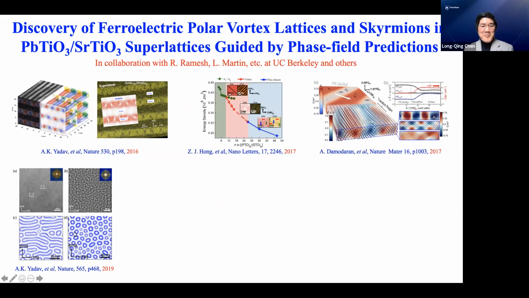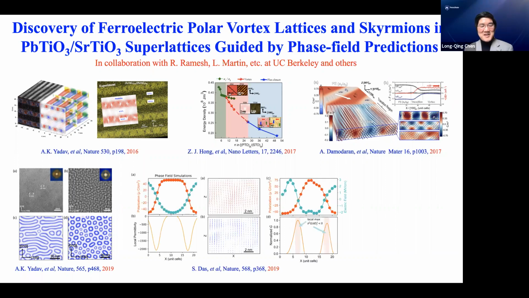Here we show that they can form skyrmions, which means the polarization has been turning into these bubbles. It's not just the polarization up and down, but they are also turning. Now in the simulations, we can also compute the local properties. One of the things we discovered locally in such a polar vortex lattice and skyrmions is that there are regions of negative electrocapacitance.